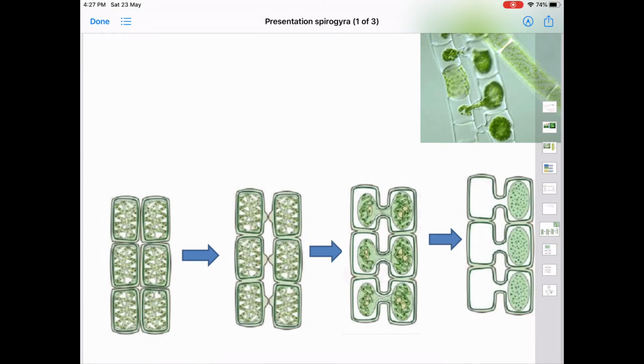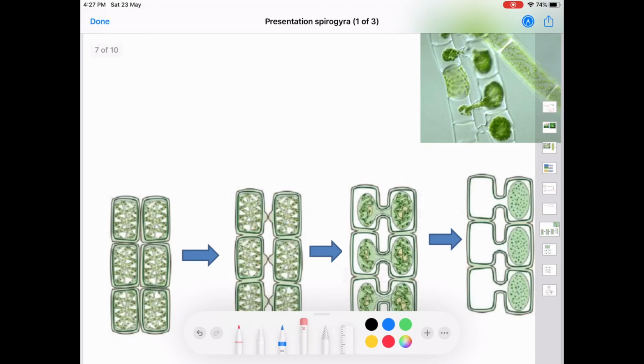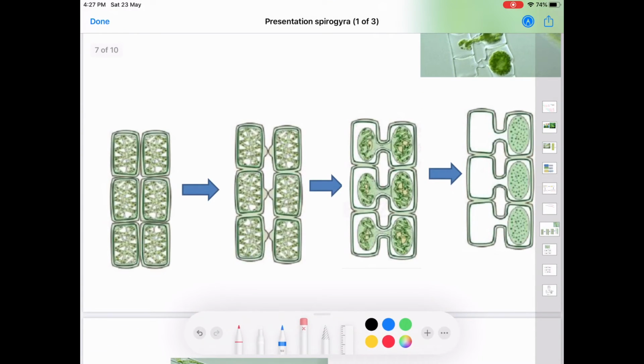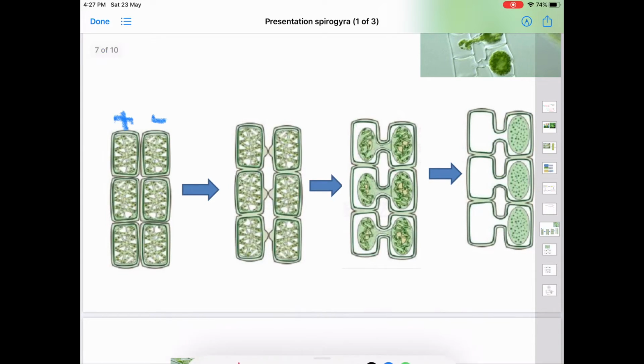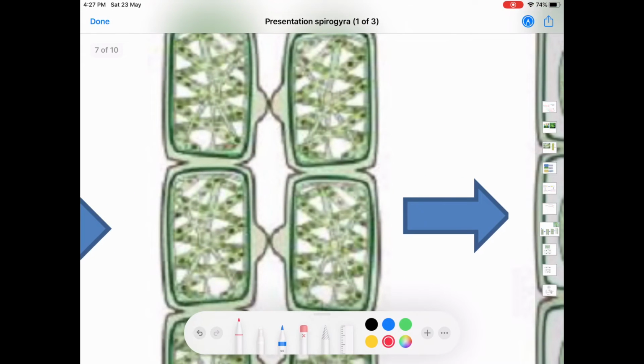Now, in the case of scalariform conjugation, I have told you that the scalariform conjugation is taking place in heterothalic members. That is, the male and female filaments will be different. When a male filament approaches a female filament, it will produce a papilla-like outgrowth.